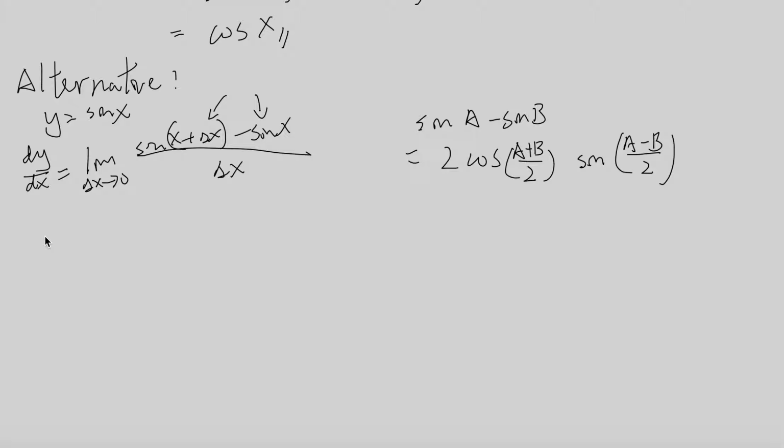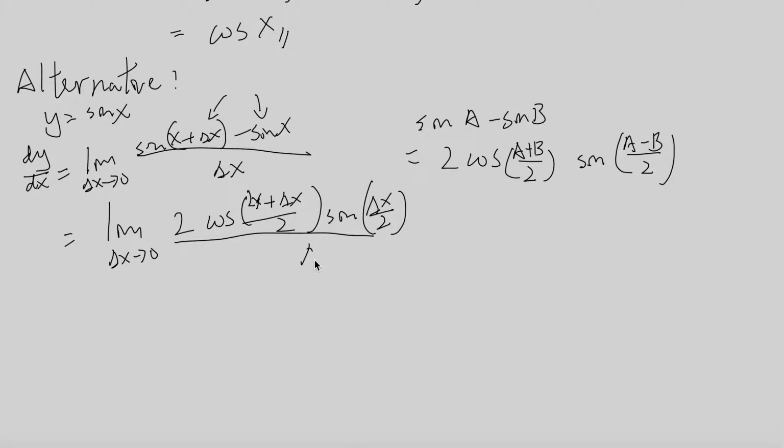Simply use this formula and you get the limit as delta x tends to 0 of 2 cosine of (x plus delta x plus another x, so altogether 2x plus delta x) over 2, followed by sine of (x plus delta x minus x, so delta x) over 2, and over the original delta x.